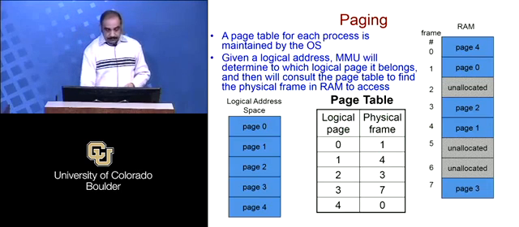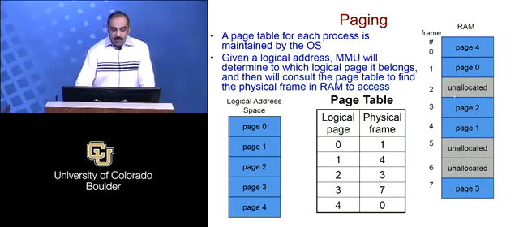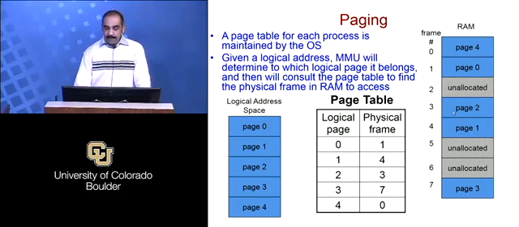So now you have the main memory divided into frames, and the logical address space divided into pages, and you maintain a page table. This page table says that page number 0 of this process is loaded in physical frame number 1, page number 1 is loaded in page frame number 4, page 2 is loaded in page frame number 3, and so on.